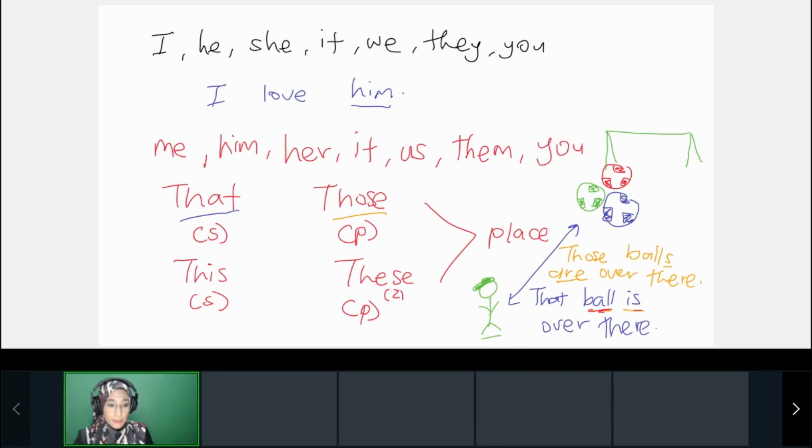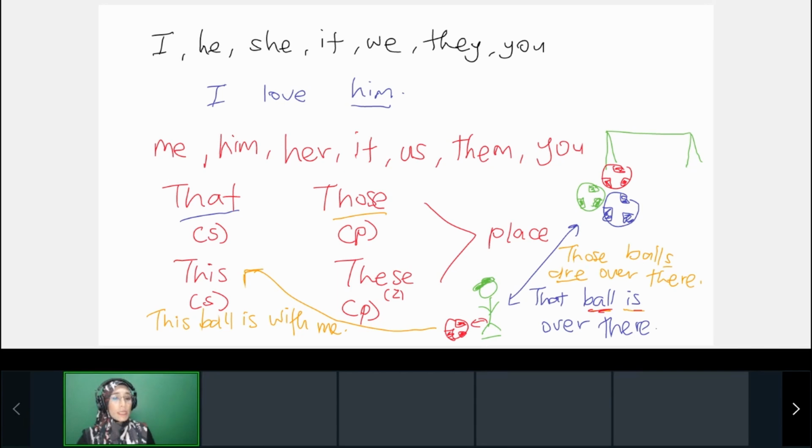Again, with the placement. Now, if the ball is here just beside you, just beside you, then only you can use this. So we can say this ball is with me.